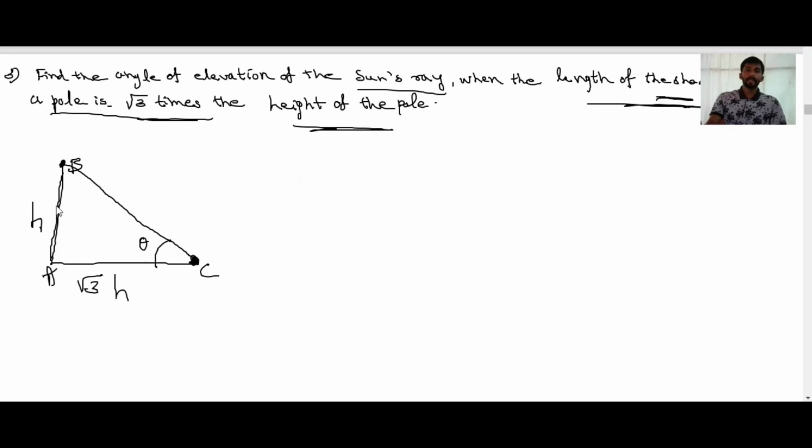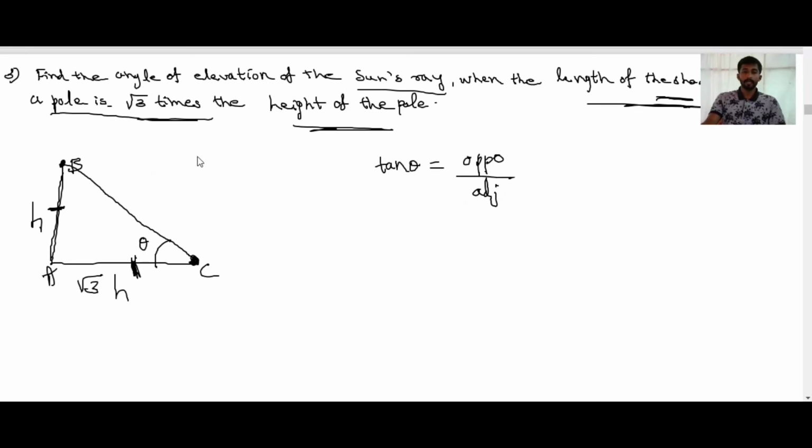Then again you can observe here, see, opposite length is given as well as adjacent length is given, right? Therefore tan theta you need to use. Tan theta is equal to, write the formula, opposite side divided by the adjacent side.